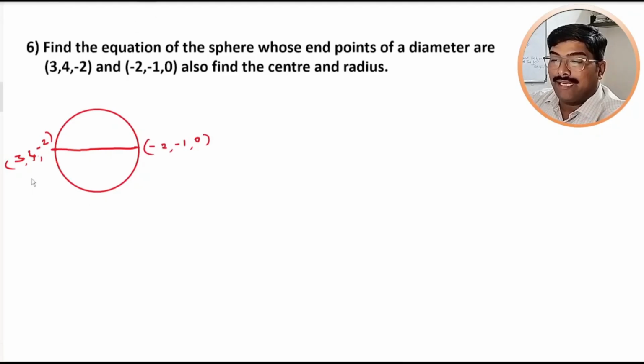Let us consider this is the first point, that is x1, y1 and this is z1, whereas the second endpoint of a diameter is x2, y2 and z2.